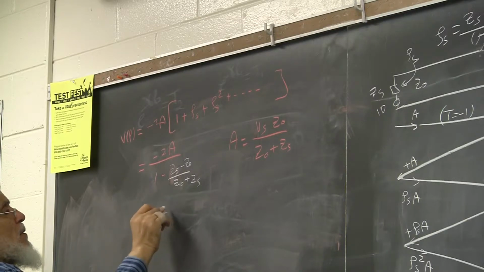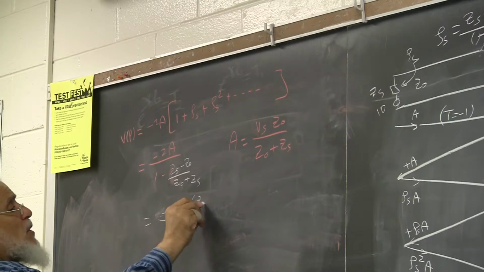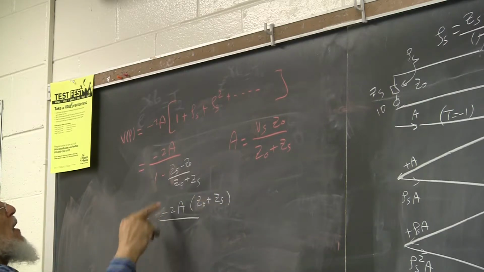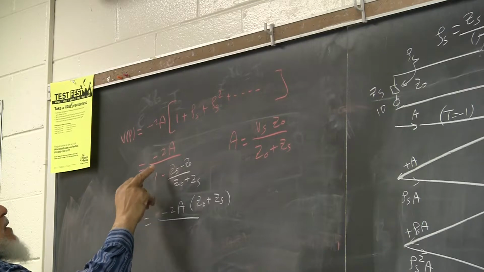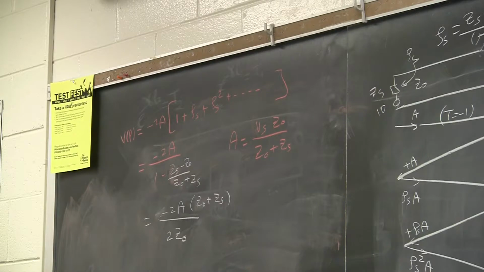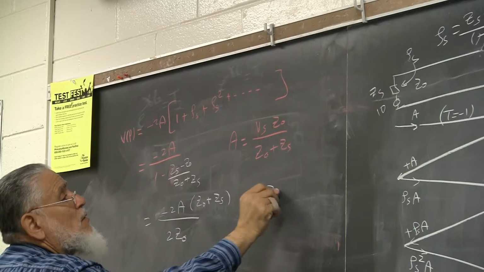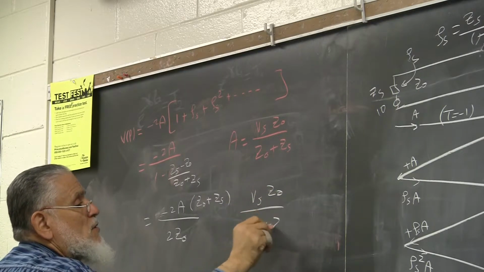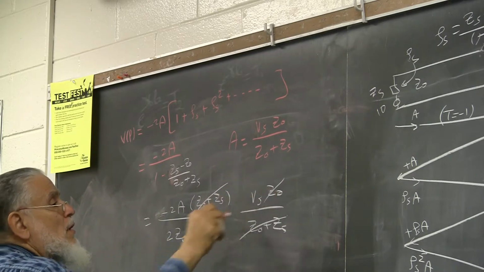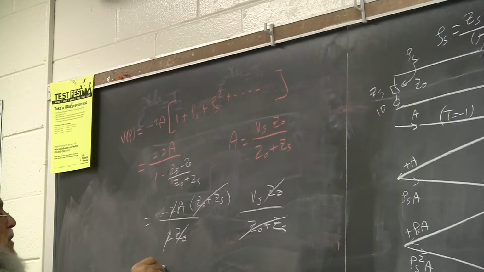Minus 2A, and you have Z naught plus Zs here, and you have that minus that gives you 2Z naught. And this one gives you Vs Z naught divided by Z naught plus Zs. Oh, the A is already done. That's minus Vs, minus 10. Same answer.